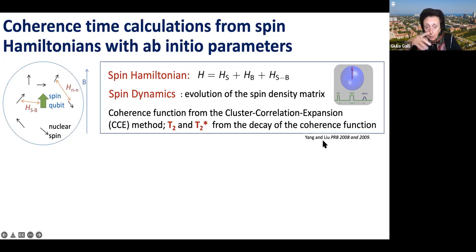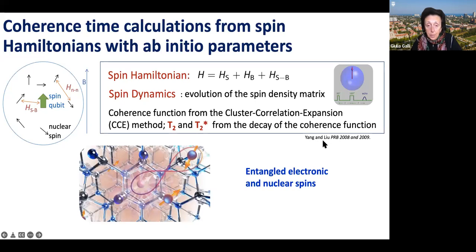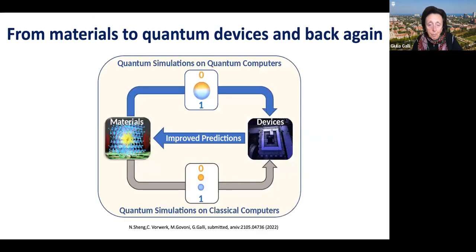They were real pioneers, almost 15 years ago, to look at these problems. And we are able to compute coherence times, and we are also able to understand entangled electronic and nuclear spins. And we have done this recently. So I'm just mentioning it in case somebody's interested, but of course, I'm not going into any detail at the very end of my talk.